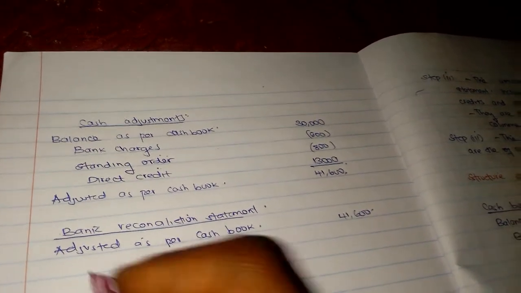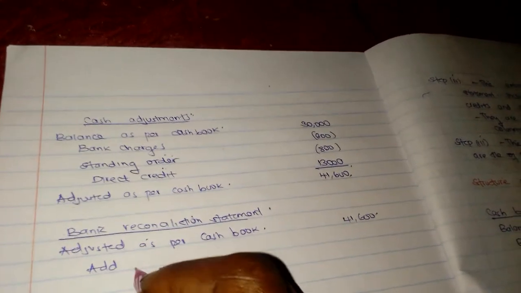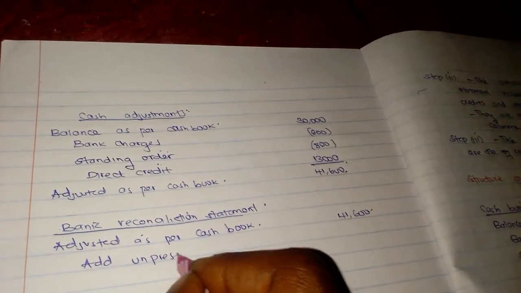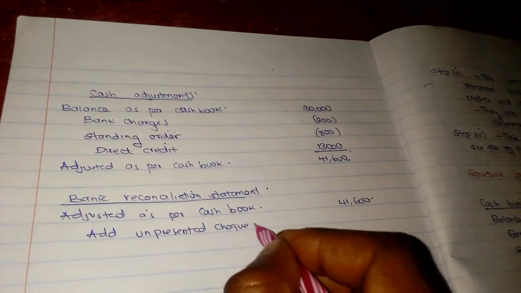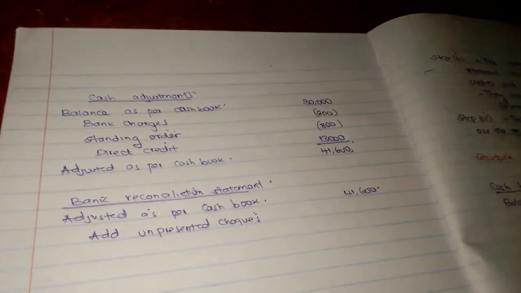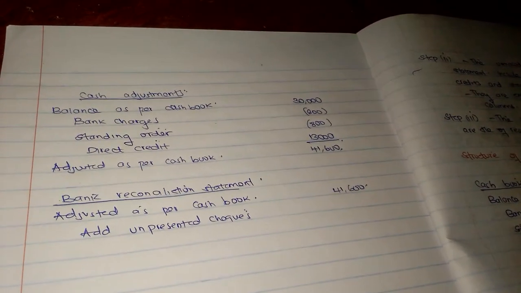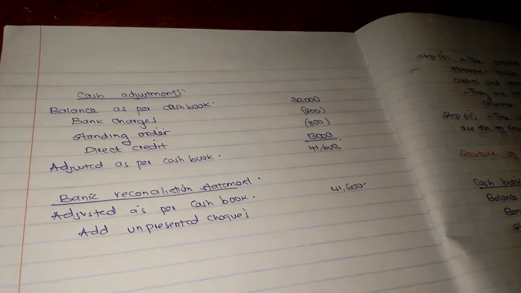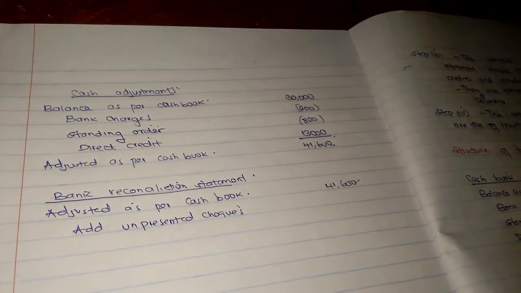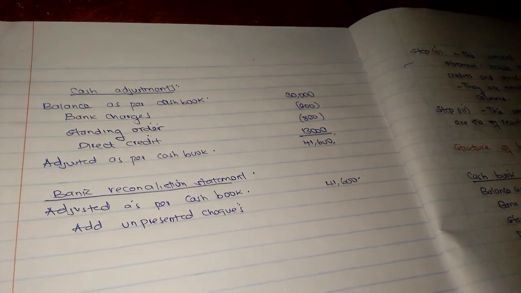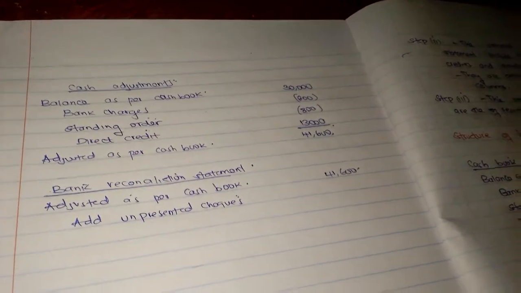Then we add unpresented checks. So easy. If you understood, then everything is going well. Add unpresented checks. At our first place, checks totaling shillings 8,000 had been paid into the bank but were not credited. So those are uncredited checks.